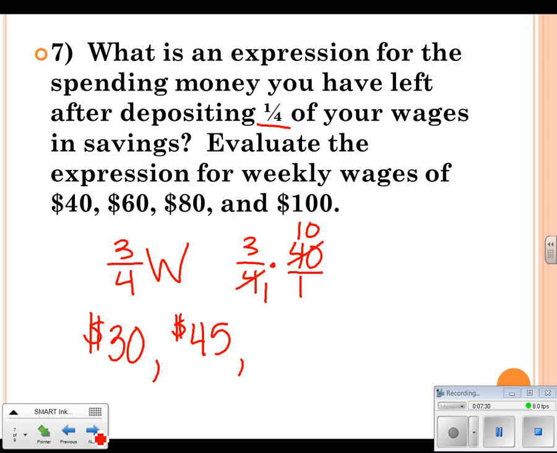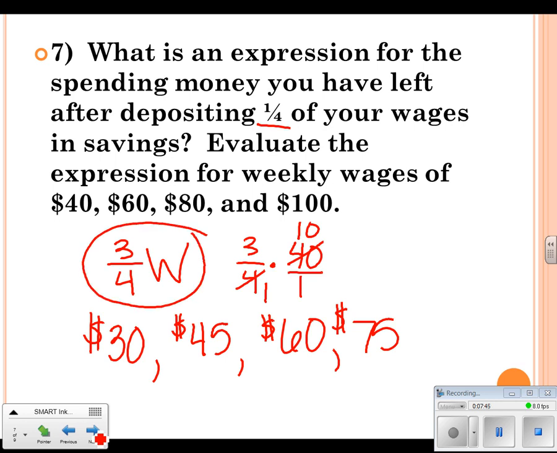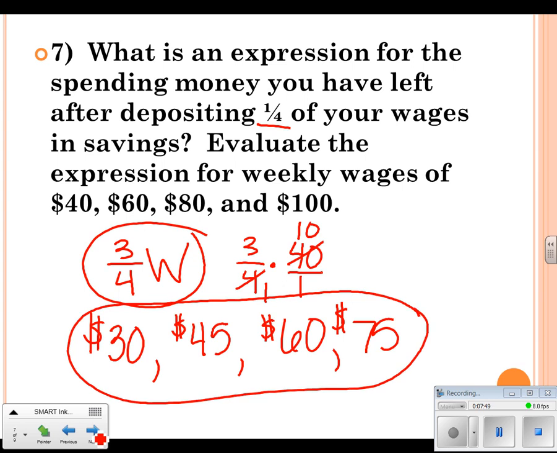If you do 3/4 times 80, you end up with $60. And 3/4 out of the 100, we know is $75. So we have 2 answers here. Here's our expression, and here's the amount for the different amounts of weekly wages.